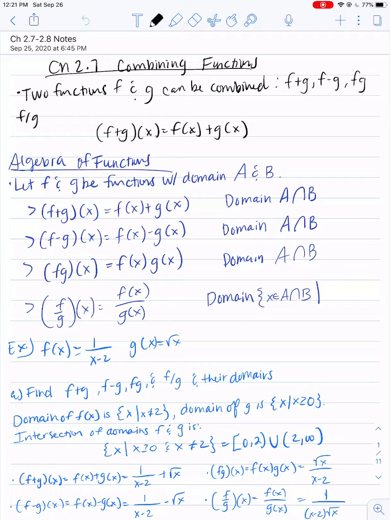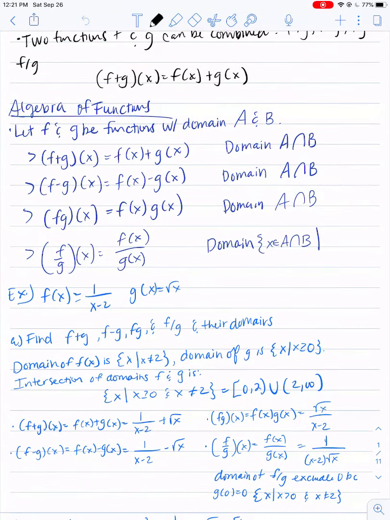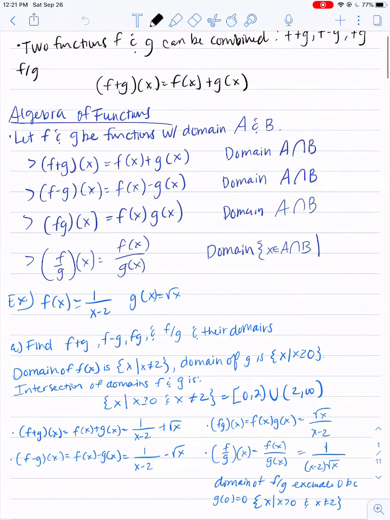All of these have a domain that is the intersection of A and B, but for division, we need x in A and B, and also we have to exclude 0 from the denominator, so we don't want g(x) to equal 0.